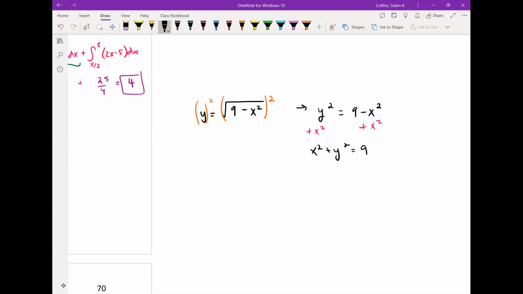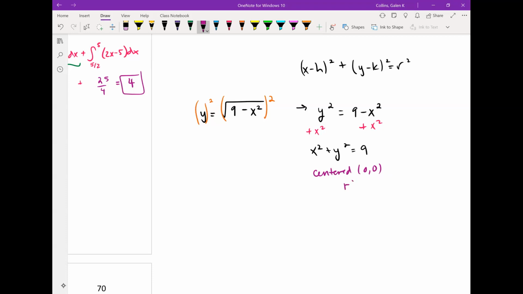And if you recall from geometry, the equation of a circle is (x minus h) squared plus (y minus k) squared equals r squared, where (h, k) represents the center. So if we have an x squared and a y squared, this is a circle that is centered at (0, 0).